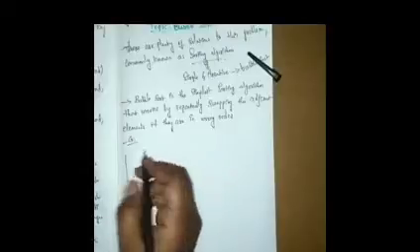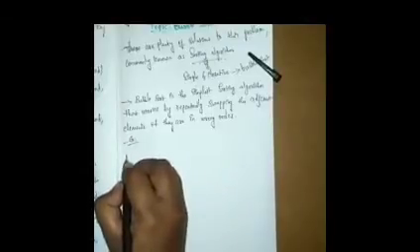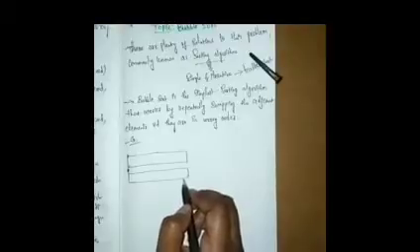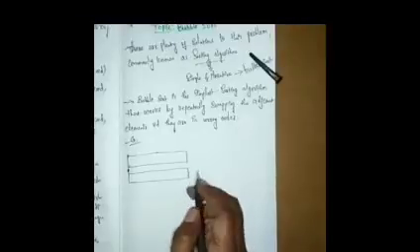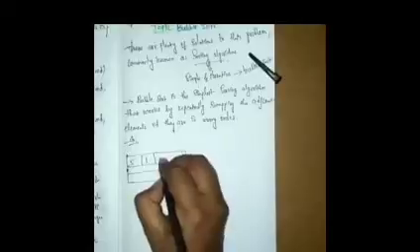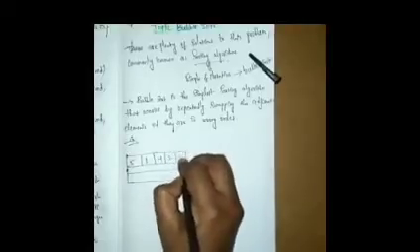First, take the elements 5, 1, 4, 2, 3. Here I am taking the elements from 1 to 5, but those are not in order.